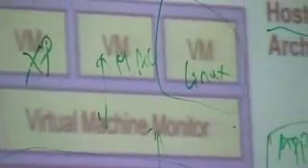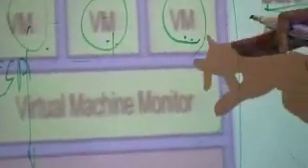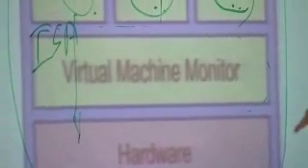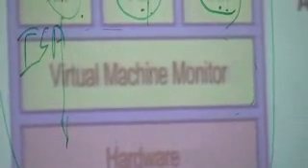So for example, if this is Windows 7, it can run on all x86 hardware. So as long as the host operating system can run on the underlying hardware, it doesn't matter what virtual machine you run on top of it, because everything goes to the host operating system. Alright? Whereas here, the operating systems you are using in the virtual machines have to be compatible with the underlying hardware, because they directly interact with it. Okay, so that's another trade-off between the two.